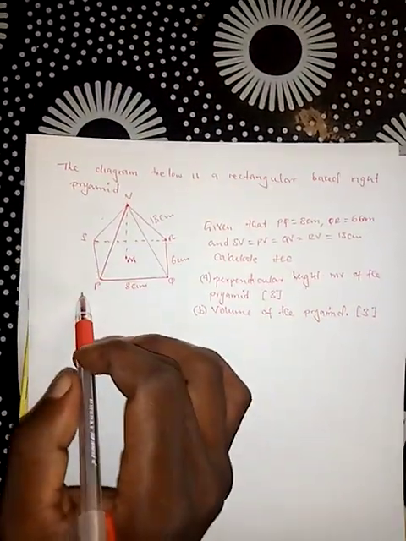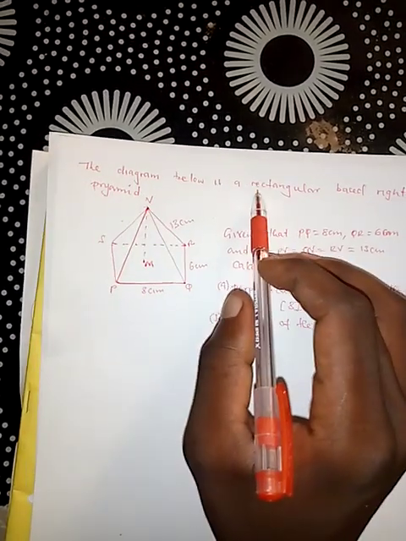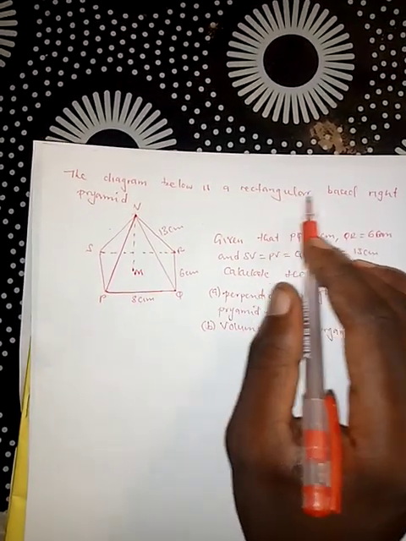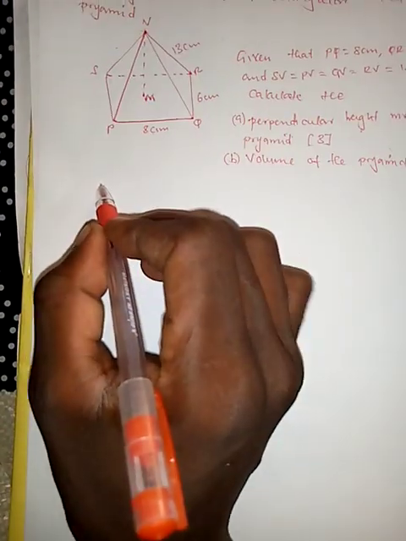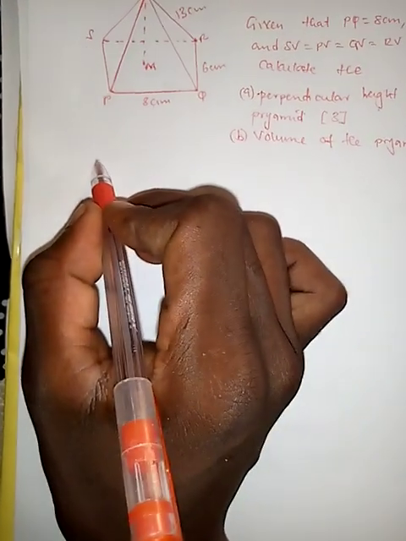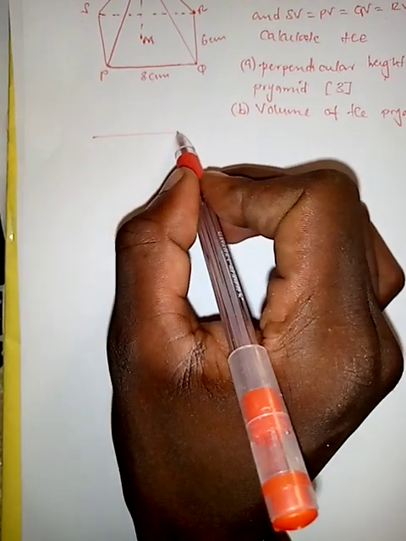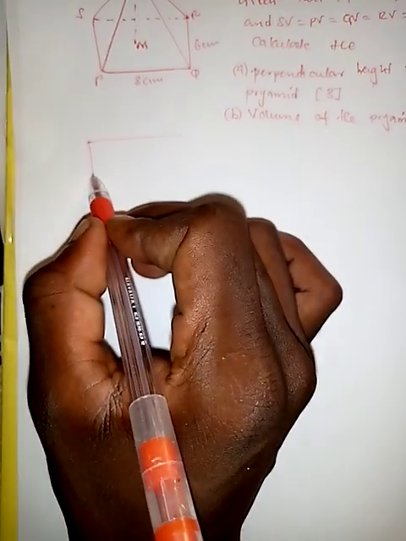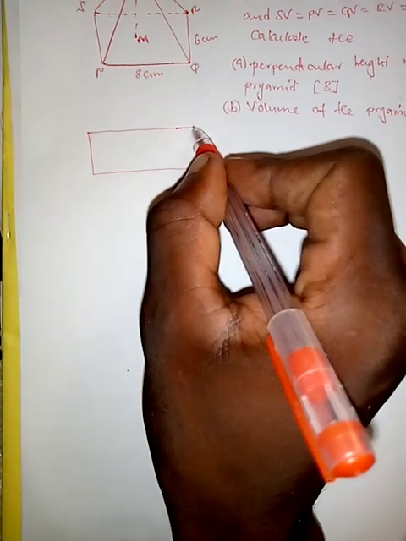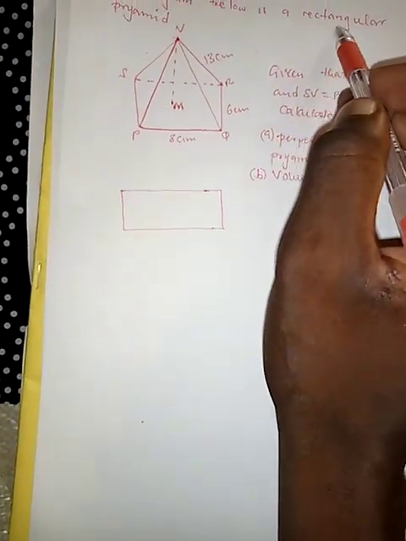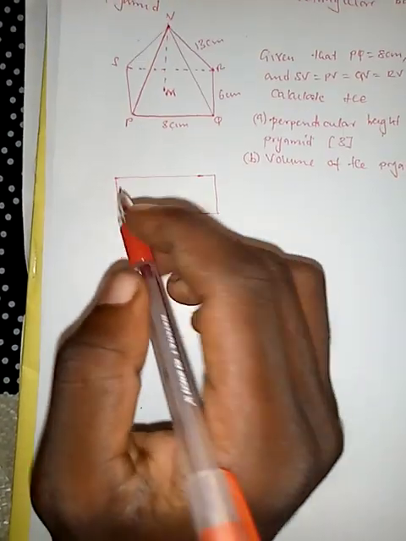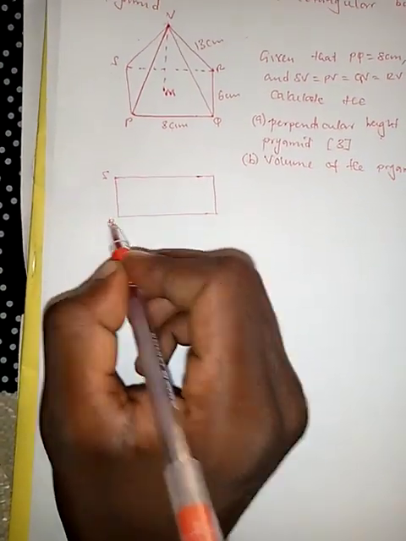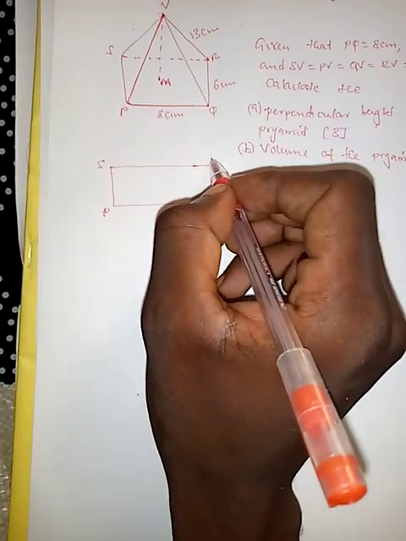For you to solve this one, you need to go back to the question. A rectangle, all of us know that it looks like this. They are saying it is a rectangular based right pyramid, which has P, Q, then R there.